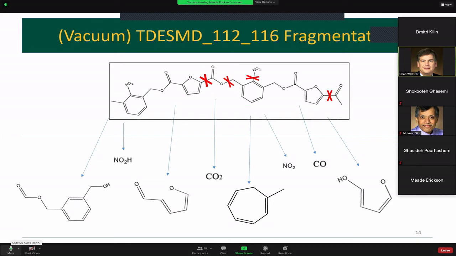If it happens immediately after a short time, it can be interpreted as high probability. This is the quickest information available from the simulations that Meade is doing, which can later be summarized in branching pathways and probabilities for different channels.